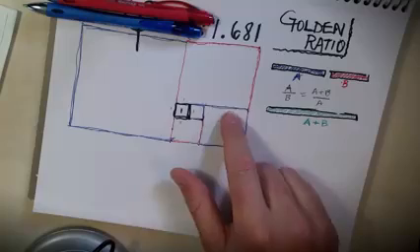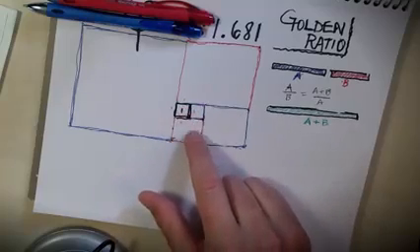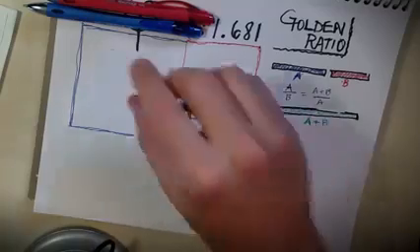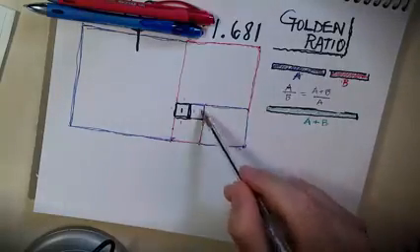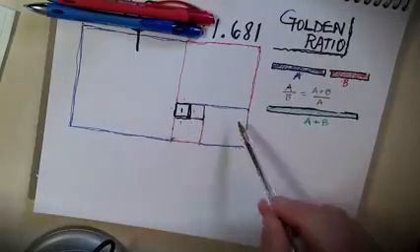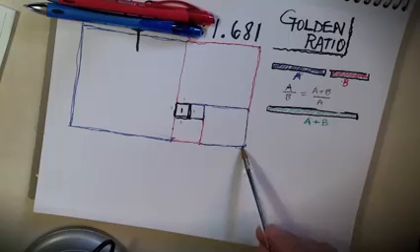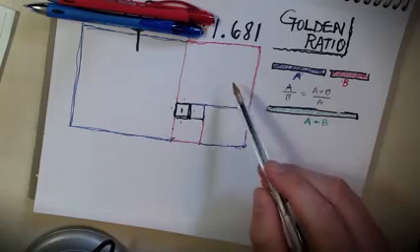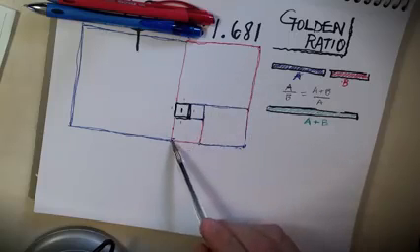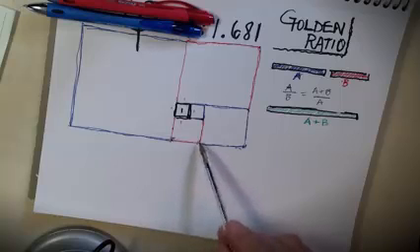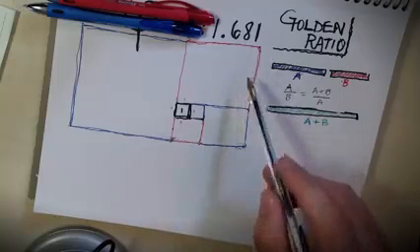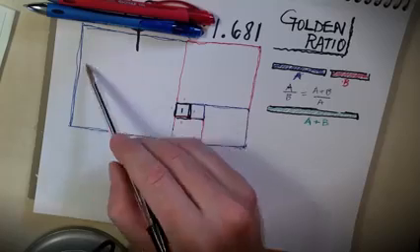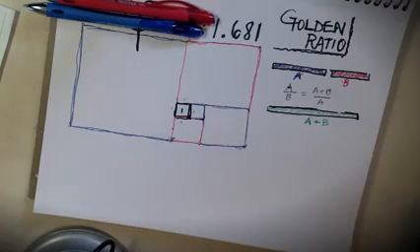Next one is 3, because 1 and 2, the previous two, is this one and this one. That makes a length of 3. And the next is 2 plus 3, which is 5. And 3 plus 5 is 8, in this little spiral that we draw.